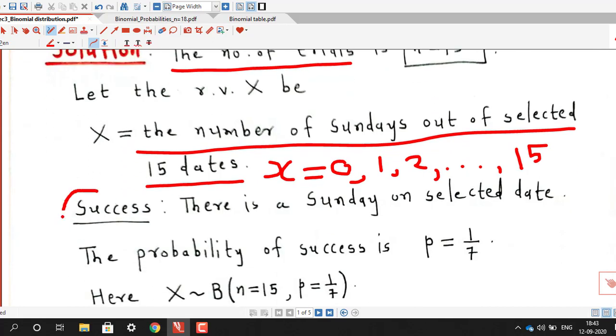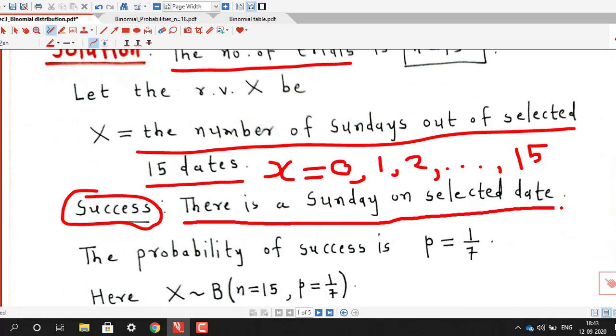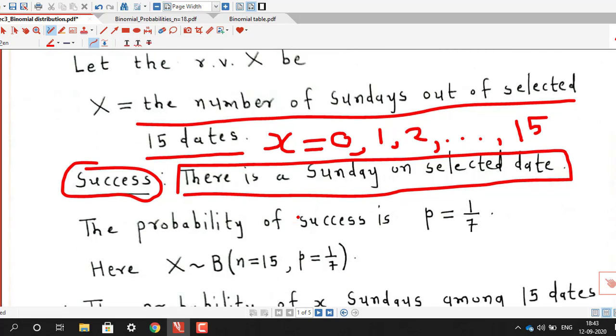And suppose success is that there is a Sunday on the selected date. The random variable is the number of Sundays out of the selected 15 dates. So the probability of getting a Sunday is success and the probability of not getting a Sunday is failure.